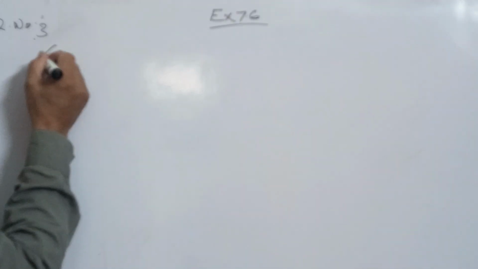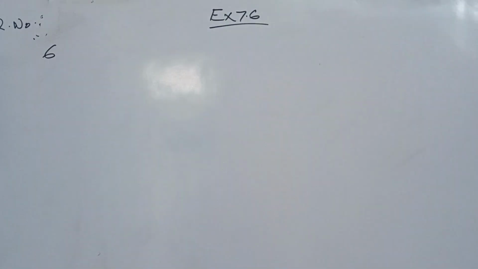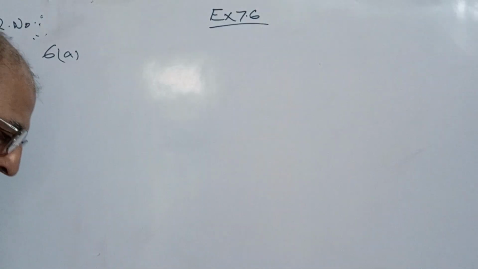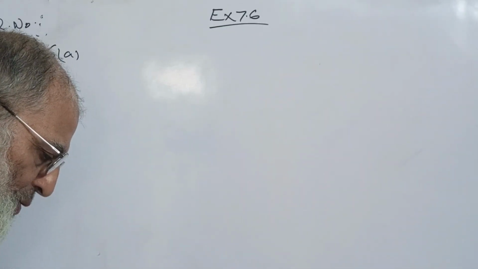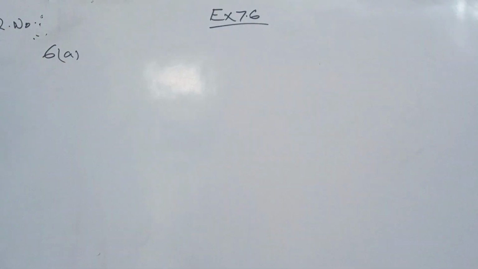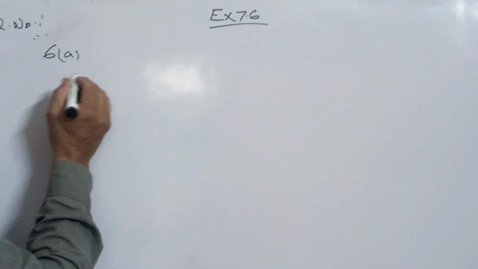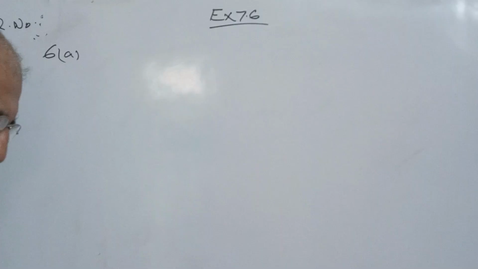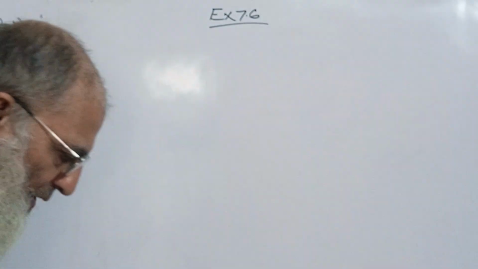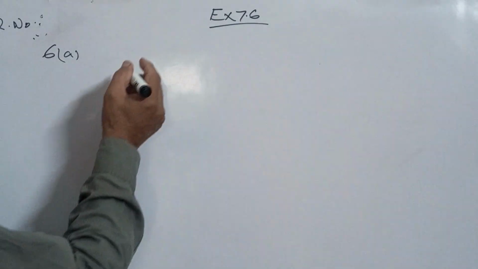Now question number 6, part A. What does it say? It says a 32 centimeter long cardboard cylinder has a radius of 2.5 centimeter. I think it is the same as question number 5. What is the exact volume of the cylinder?